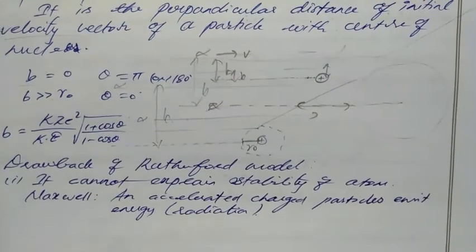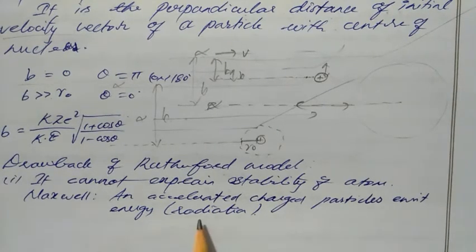So what are the drawbacks of the Rutherford model? It cannot explain the stability of the atom. We studied in the previous chapter, Maxwell, chapter 8, electromagnetic waves: an accelerated charged particle produces electromagnetic radiation, which carries energy.